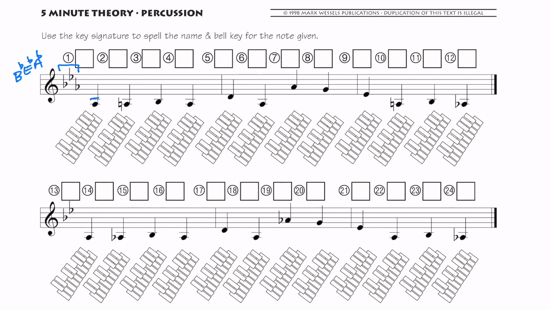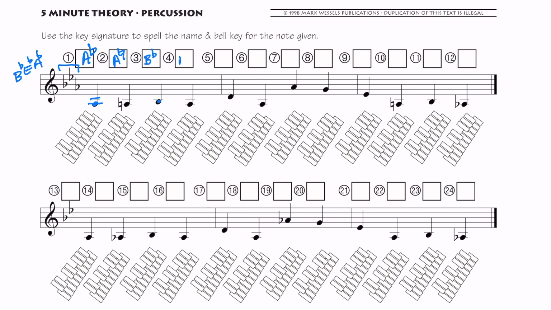All right, remember from the last one, whenever we have 2 ledger lines, it's an A. So is that A flat? Yes, it is. Okay, here's another A, but obviously I have a natural sign. Okay, here's a B in the key signature. That's a flat.